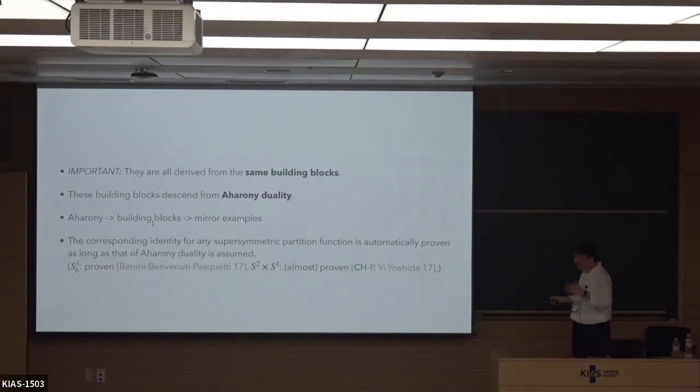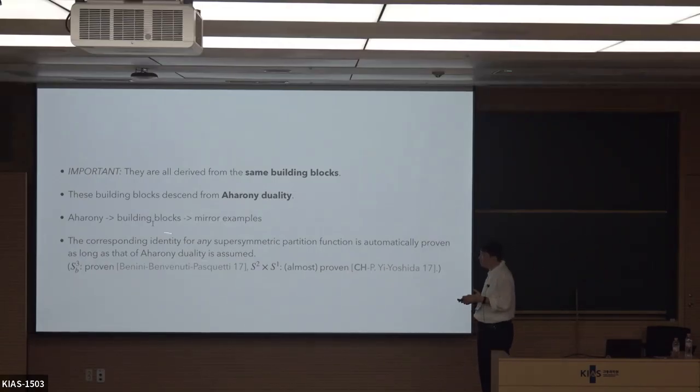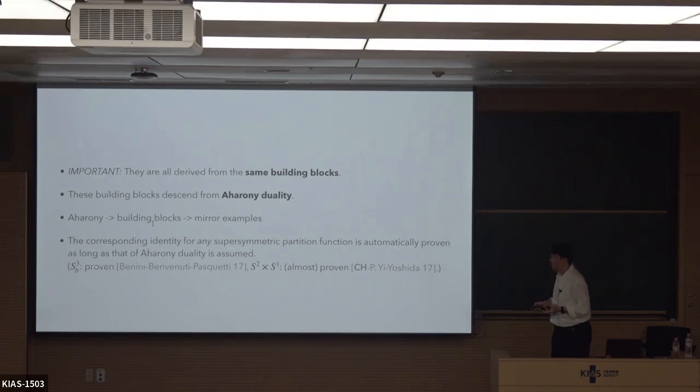And then, using these building blocks, we can cook up some complicated mirror examples. It means some mathematical identity corresponding to this duality for any supersymmetric partition function is automatically proven, assuming that R-only duality is true. Okay?